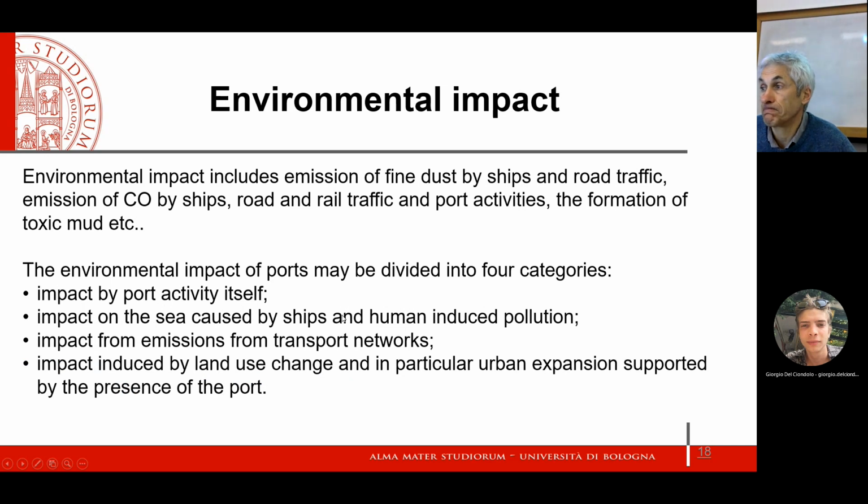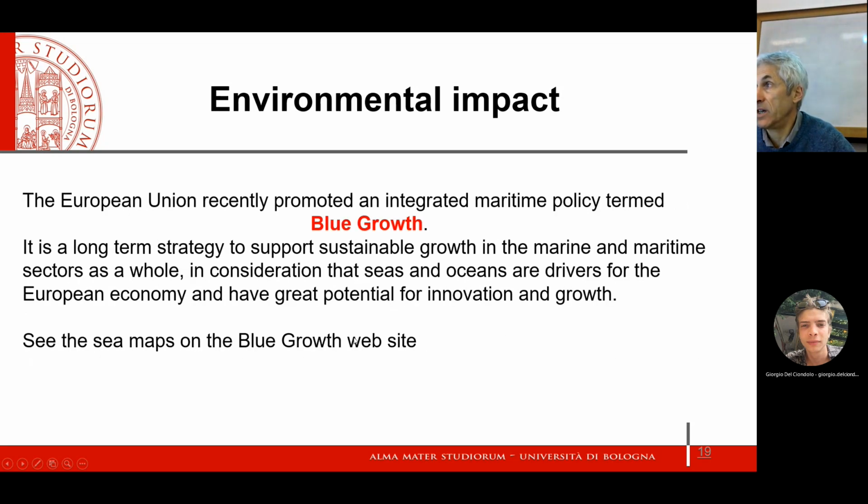And I mean, it is also the environmental impact caused by the increase of CO2 emissions related to the port activities. That's okay, and next time I want to dedicate some time to the blue growth strategy of the European Union.